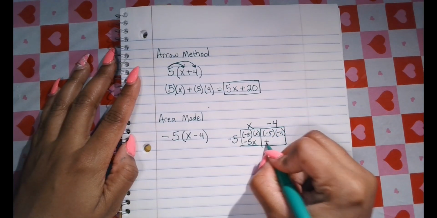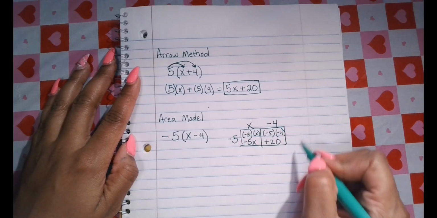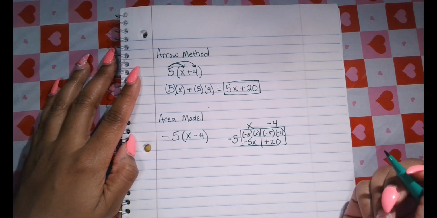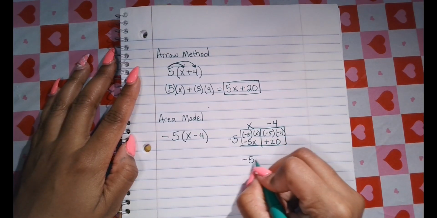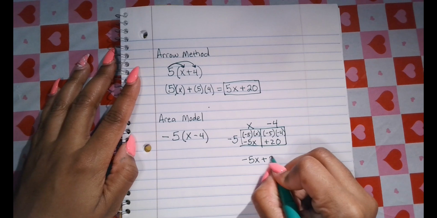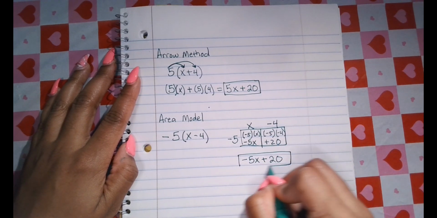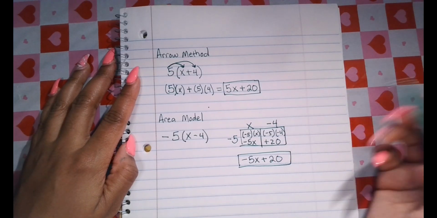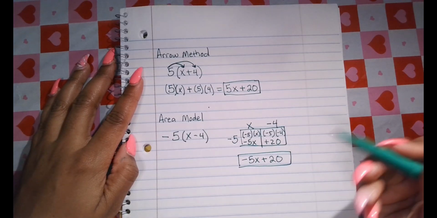So I'm going to put plus 20. So if I look at my area model, if I write out my expression, my equivalent expression would be negative 5x plus 20. And then you can see the difference between the first method and the second method. The area model helps when you have negative numbers.